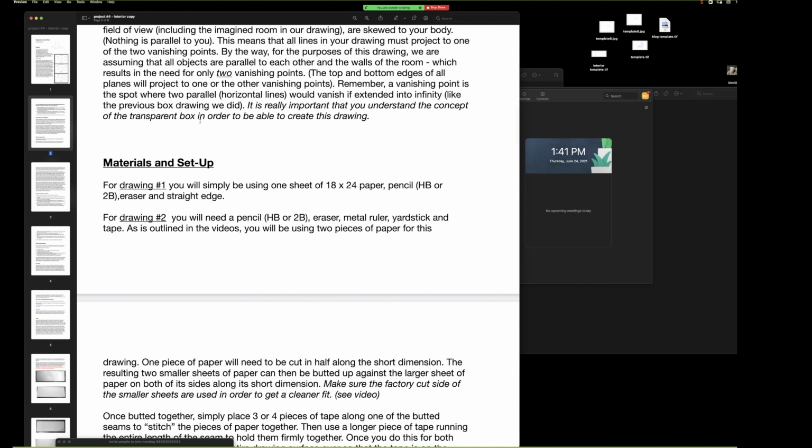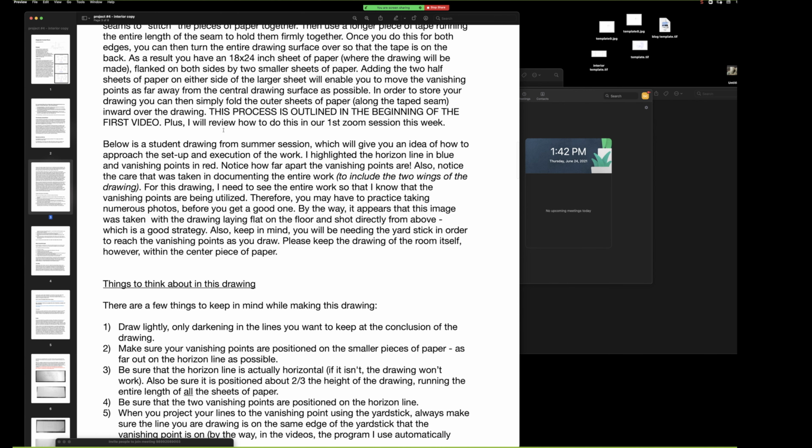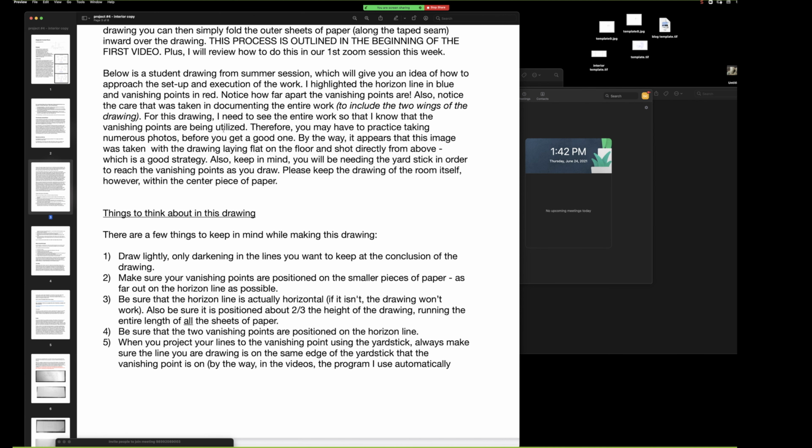It involves using two sheets of paper at either end of your drawing, and I'll walk you through that as well. So we'll get to that.